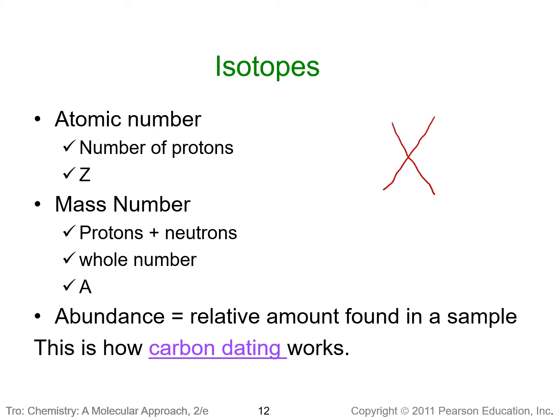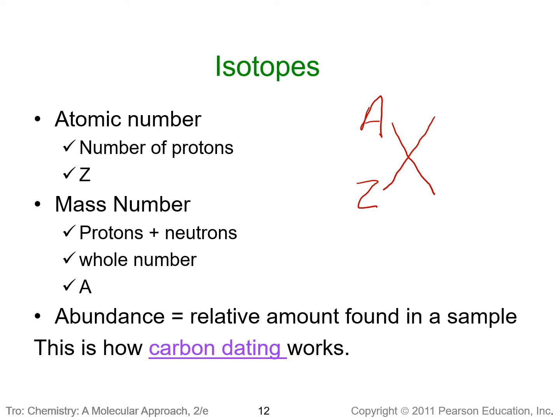We represent the elemental symbol, we put the mass number at the top, and we put the atomic number at the bottom. This helps us identify different isotopes. Isotopes chemically behave identically. They are found in different abundances.